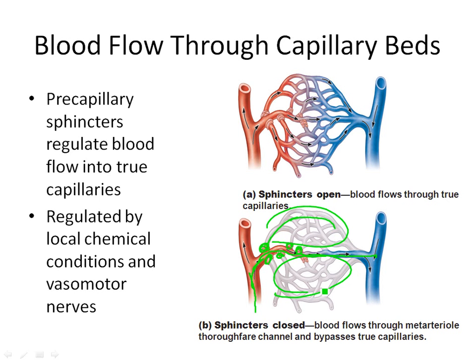Now remember, it's in that true capillary bed where we have all the exchange. So this blood is being shunted quickly across from the arteriole into the vein and then out to areas in the body. Take it somewhere else. Don't do all the exchange in that tissue.